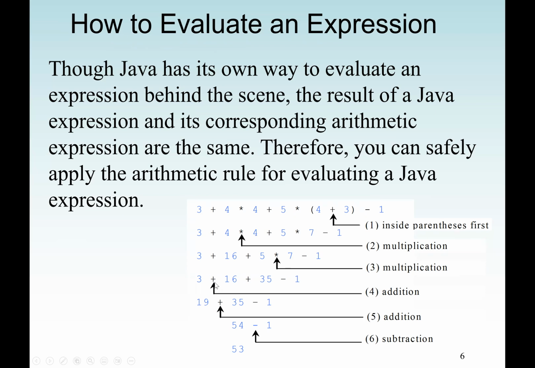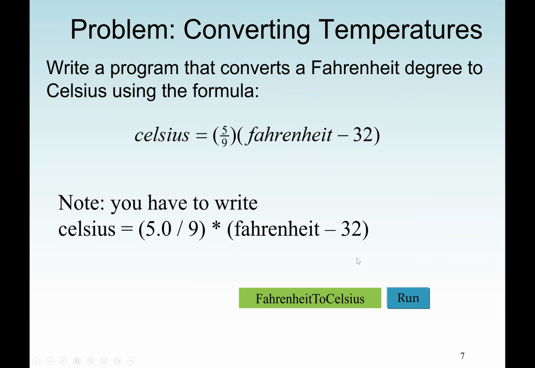Then we have addition and subtraction. We start from the left again, addition, then another addition, then subtraction. So the order of operators is the same as basic arithmetic: parentheses first, then exponent, then multiplication and division from left to right, and addition and subtraction from left to right.